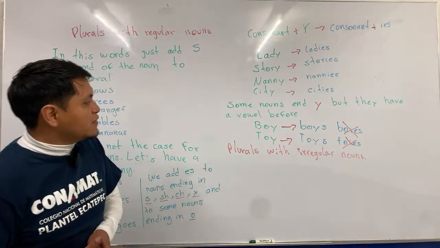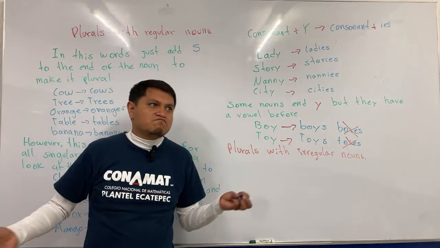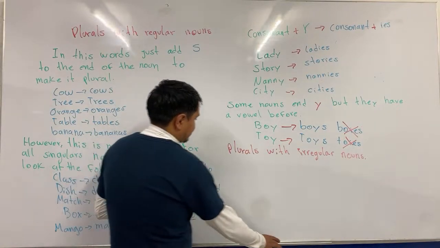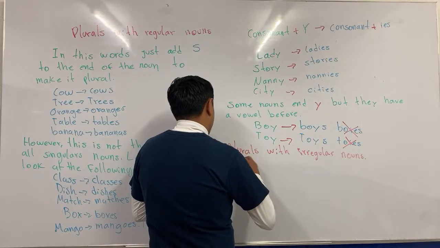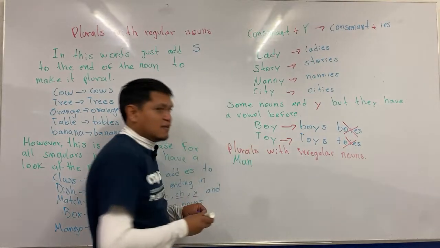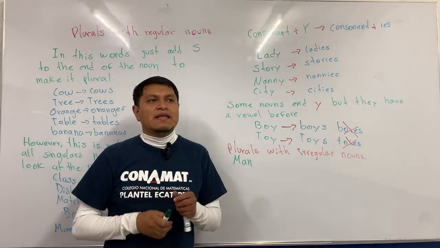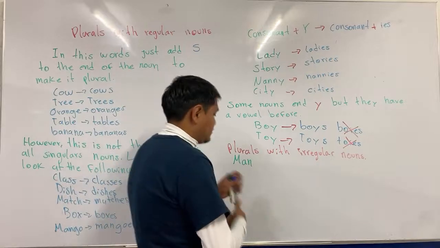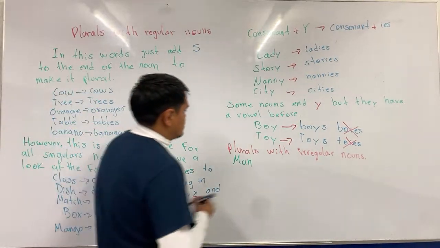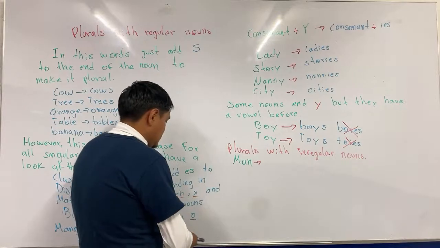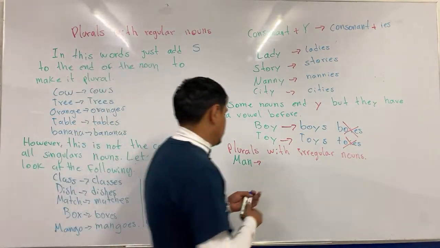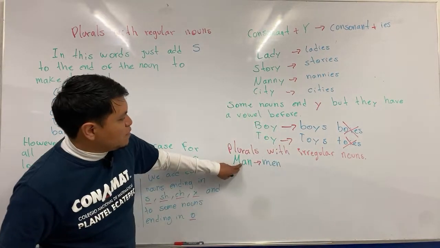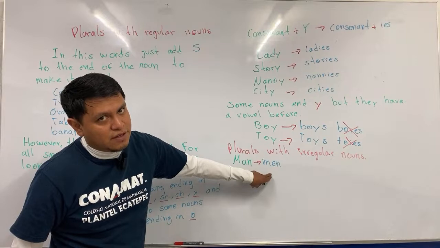Example for irregular nouns, easy. Man, singular, one man, like Superman. Changes in plural into men. Hombre, hombres, right?